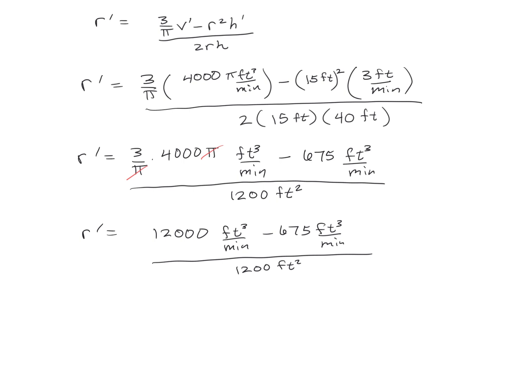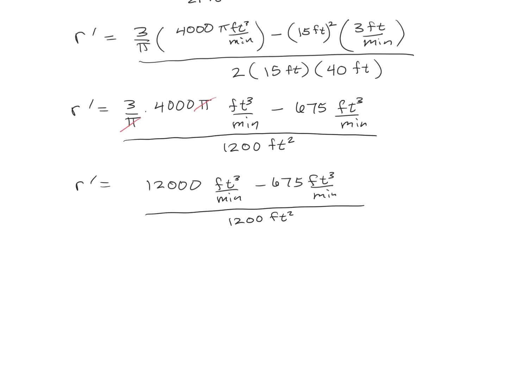You'll notice that we are subtracting the same units in our numerator, which is wonderful, because if they were not the same, we'd have a big mess on our hands. But they are the same, and you can subtract those two numbers and get R prime is equal to 11,325 cubic feet per minute divided by our 1,200 square feet.